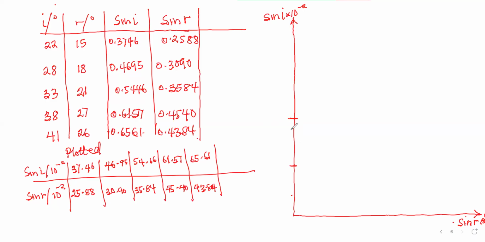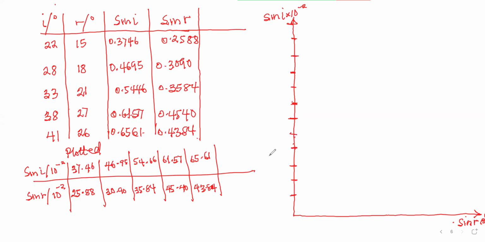So this is half. 1, 2, 3. Just to help you understand, let's assume a ends here. 1, 2, 3. So I've divided the vertical in two.